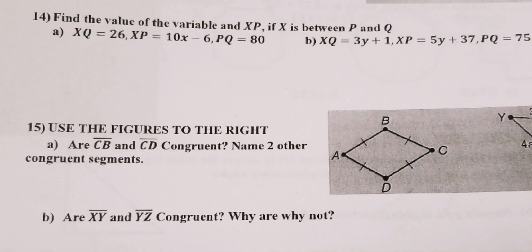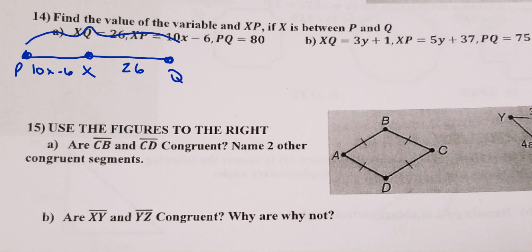Alright, find the value of the variable and XP if X is between P and Q. So I'm going to make a line. I have P, I have Q, I have X somewhere in here. I don't know exactly where it's at, but it's in between. So XQ is 26, XP is 10x minus 6.